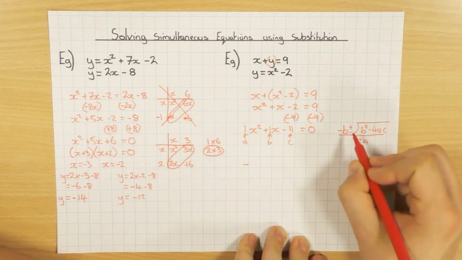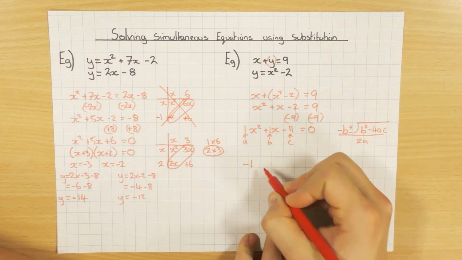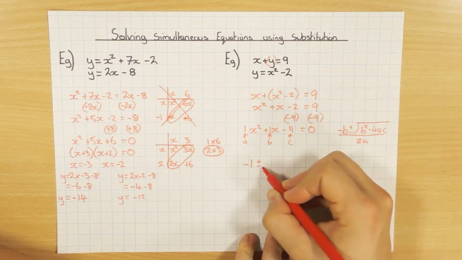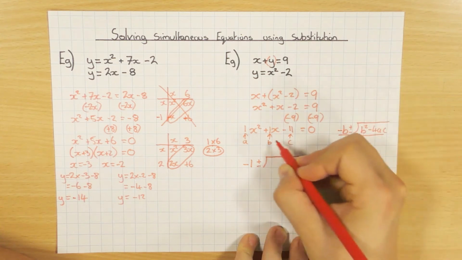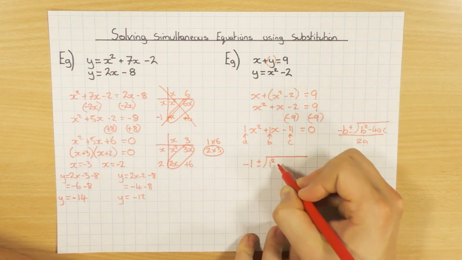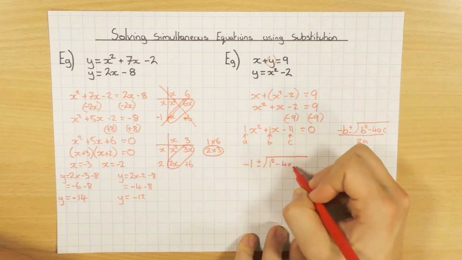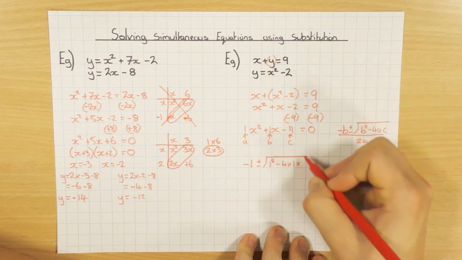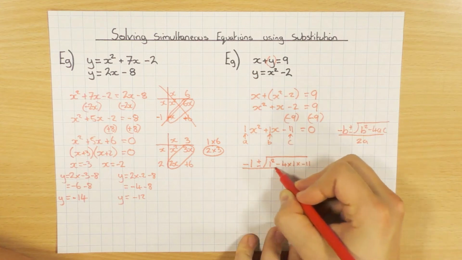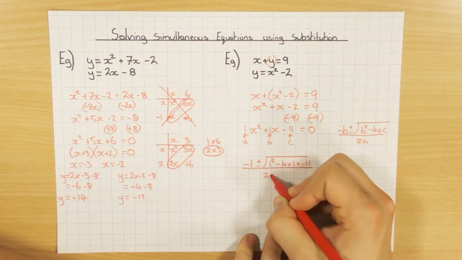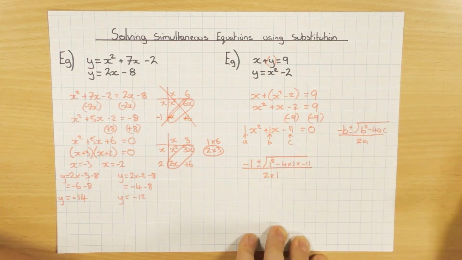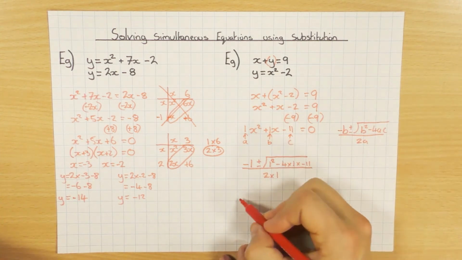So minus b, well, b is 1, so minus 1, plus or minus the square root of b squared. Well, b is 1, so 1 squared, minus 4 times a, which is 1, times c, which is minus 11, all divided by 2 times a, well, a is 1. So I'm just going to tidy that up a little bit.